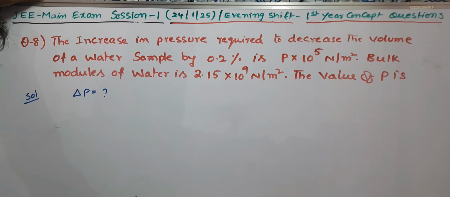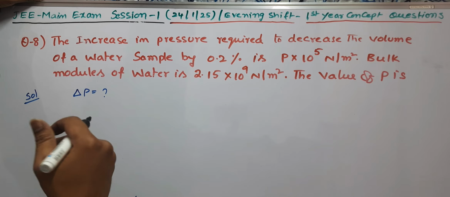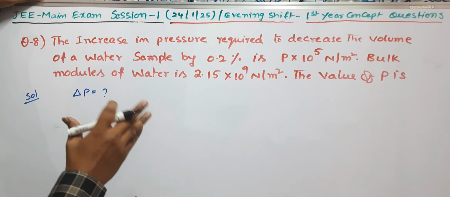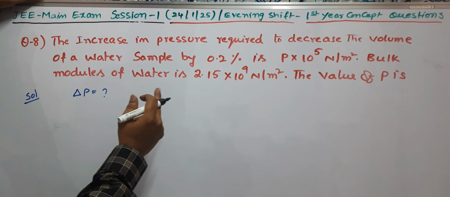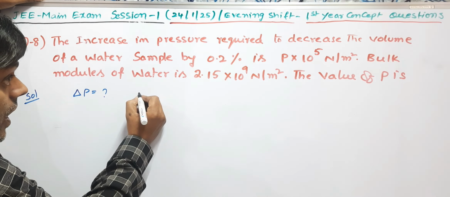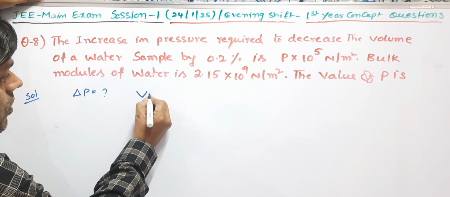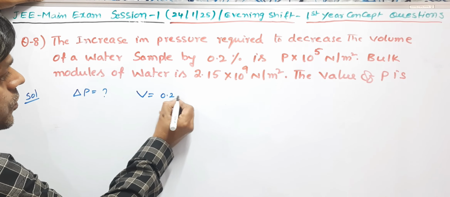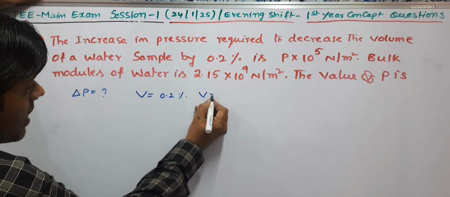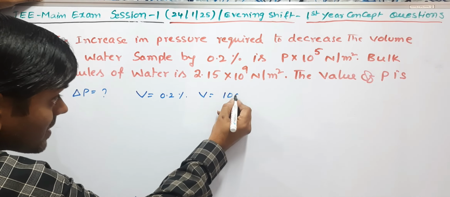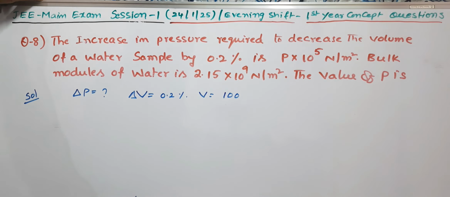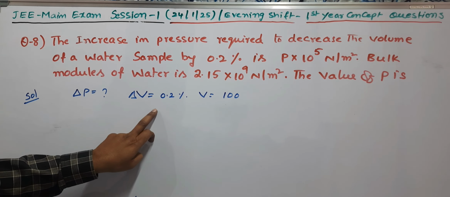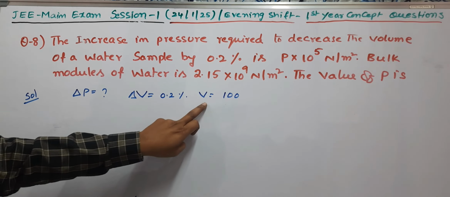The volume of a water sample is decreased by 0.2%, that means compared to the initial 100%, delta V is 0.2%. This is the decrease in volume compared to the initial one.